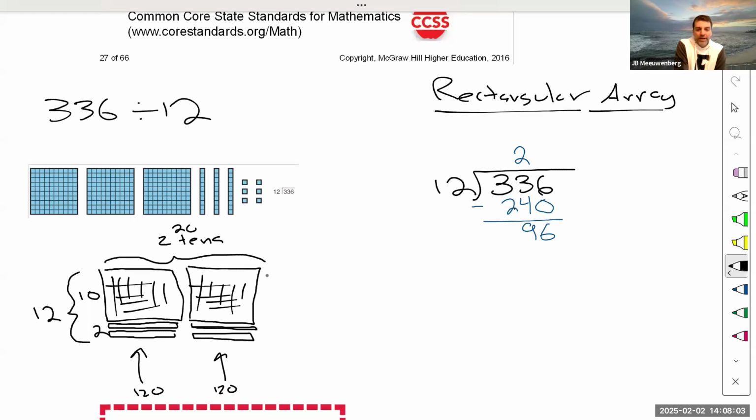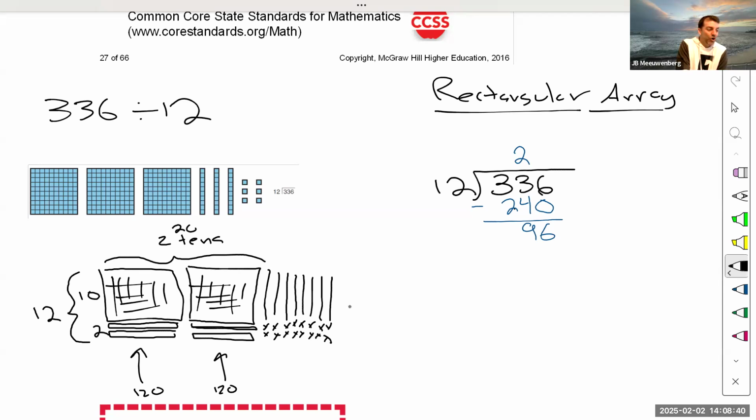And so what we end up doing here is trying to fit, again, 96 pieces in there. You can do that in this way. 1, 2, 3, 4, 5, 6, 7, 8. I just drew lines instead of rectangles, but imagine 8 of those long pieces, and then you have to redistribute one of your longs into some unit pieces, and they're going to look like this. 1, 2, 3, 4, 5, 6, 7, 8, 9, 10, 11, 12, 13, 14, 15, 16.